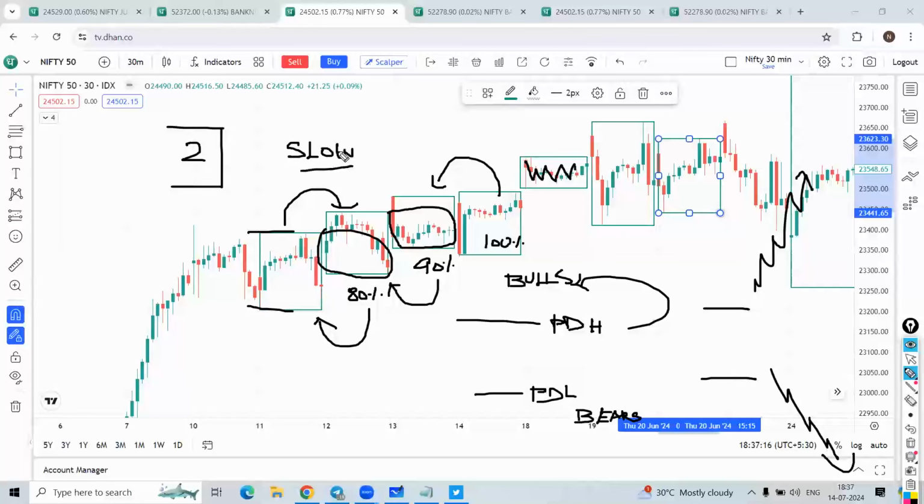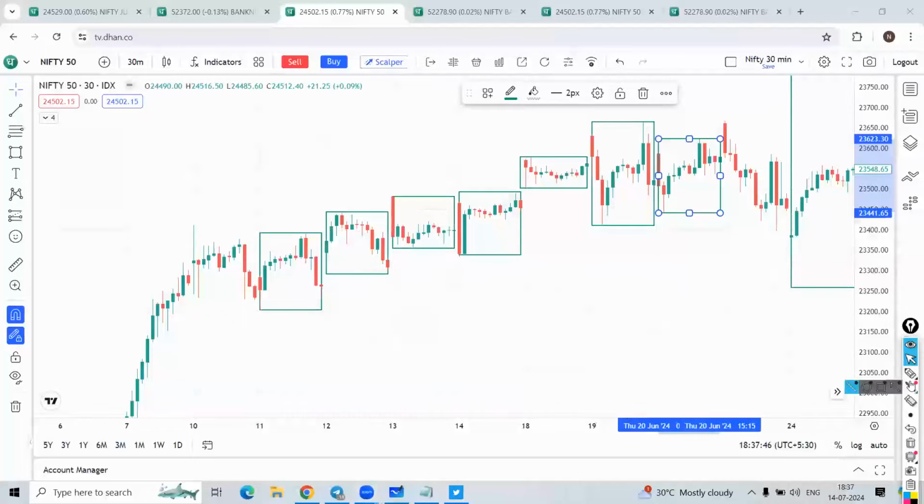Understanding and identifying slow market, fast market changes based on time frame. This is for 30-minute time frame, I'm telling it. Can you understand slow market? Yes, no, quickly. Stay focused on the session because I might not repeat it again and again. Okay, slow market. Clear enough?